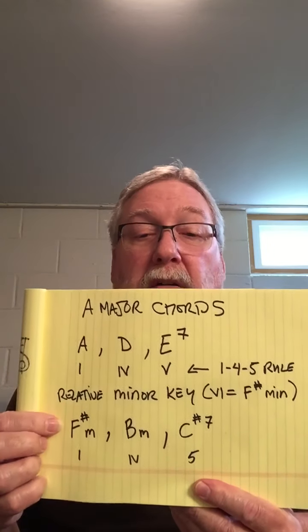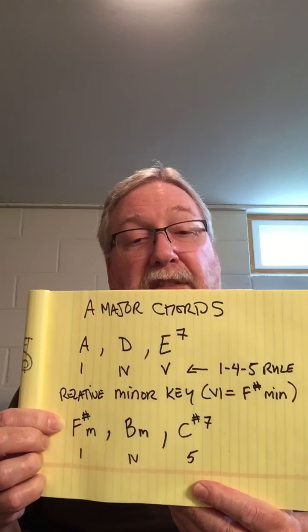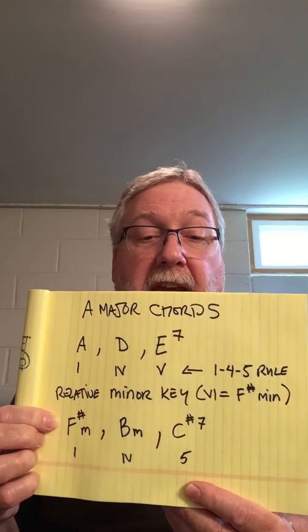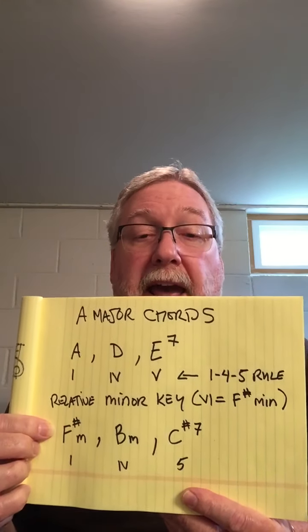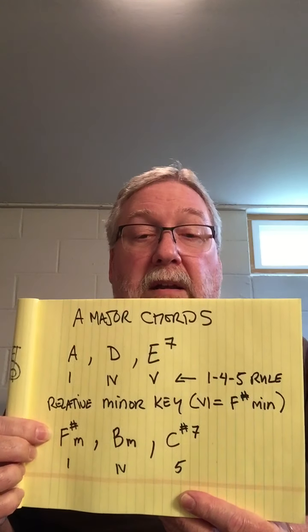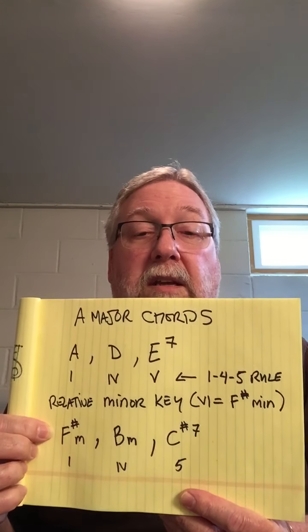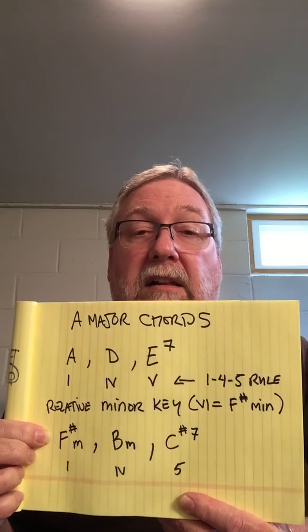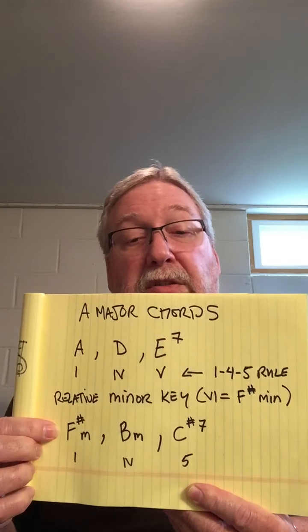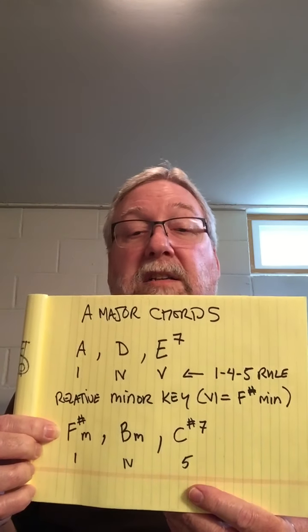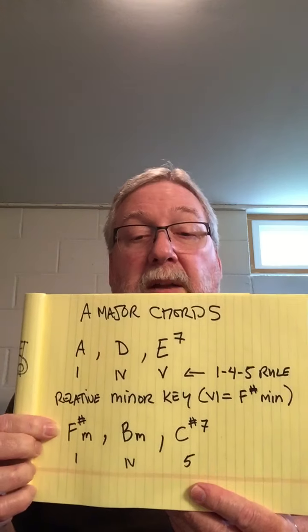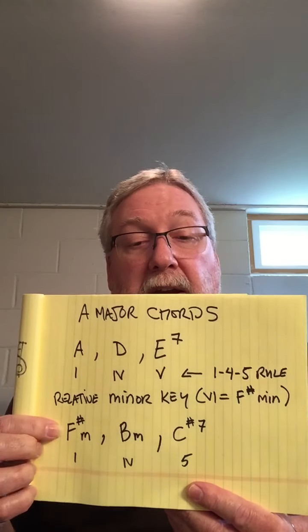Our accompanying minor, now that we know that there are sharps and flats in the A major scale, is going to be F sharp minor, because the 6th note in the A major scale is F sharp. And following our 1-4-5 rule, we know that the additional 3 chords we can use relative to the key of A major are going to be F sharp minor.